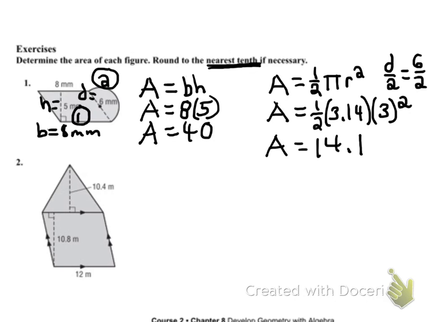Now we've found the area of the parallelogram and the area of the semicircle, so now we'll add them together.